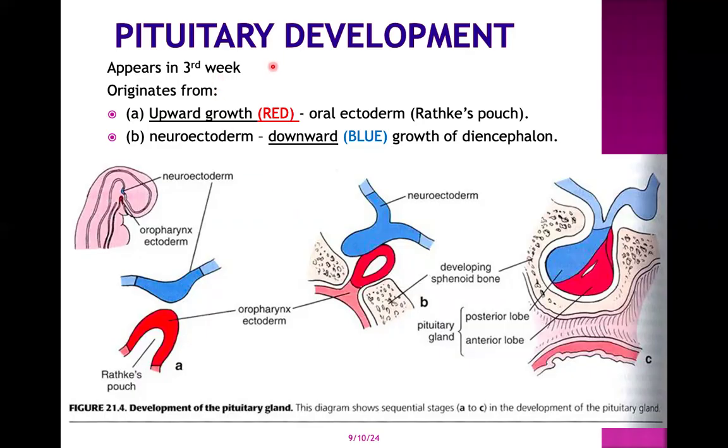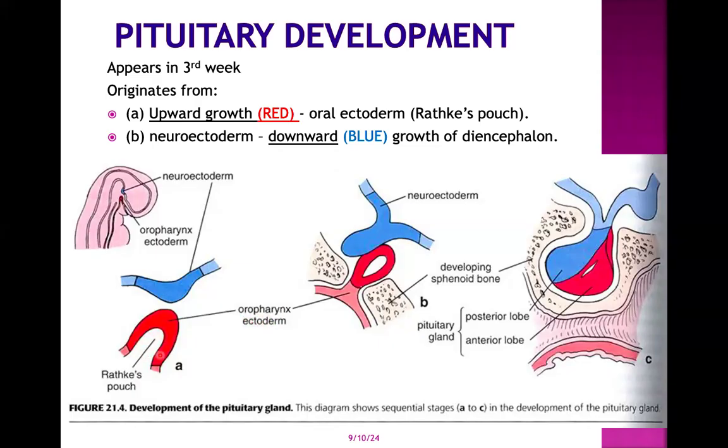So the pituitary gland appears in the 3rd week and originates from 2 portions. One is the oral ectoderm and the other is the neuroectoderm. So we are using the blue and red colors to signify it. So the red is the oral ectoderm or the oropharynx.